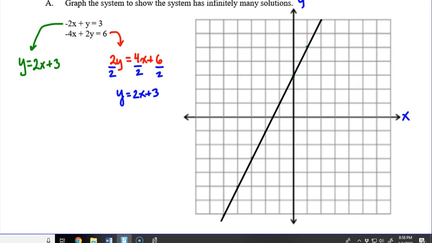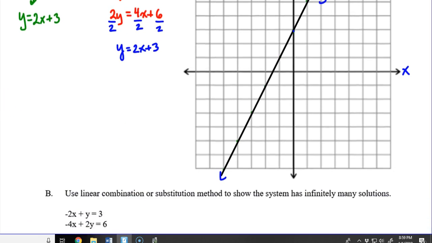I'm still going to have the same y-intercept if I plot that, and the same up 2 over 1. I'm going to have the same exact line. So if the line is on top of the other line, that means infinitely many points are solutions, are intersection points, right? That's what that looks like.